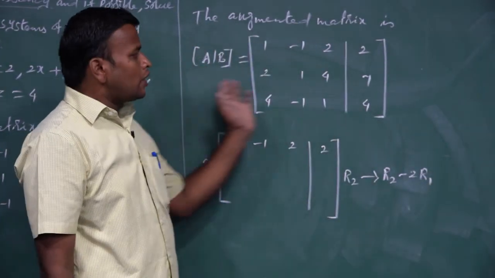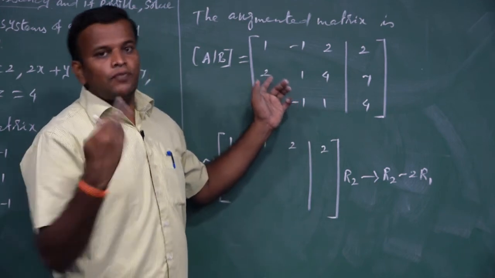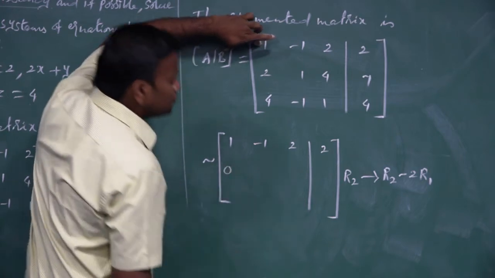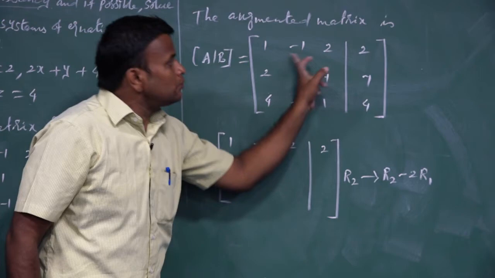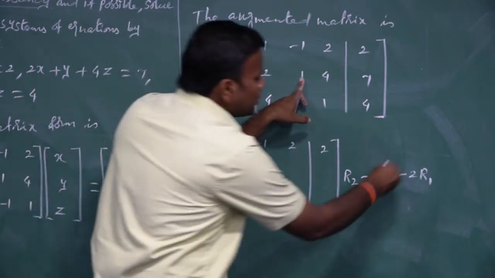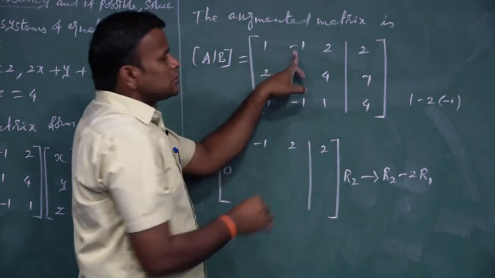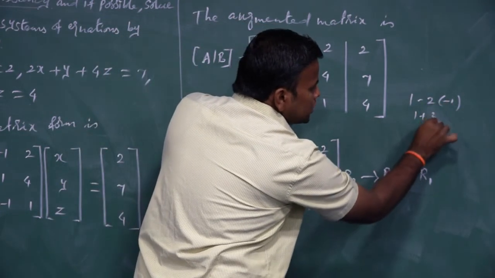That is, second row minus 2 times the first row. 2 minus 2 is 0. 1 minus 2 into minus 1: minus times minus is plus.